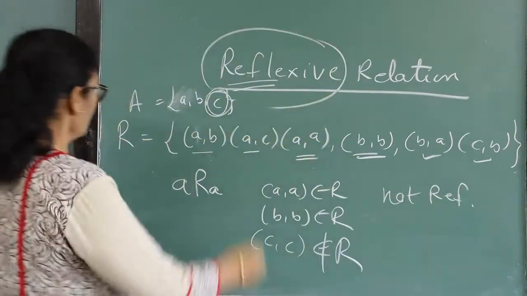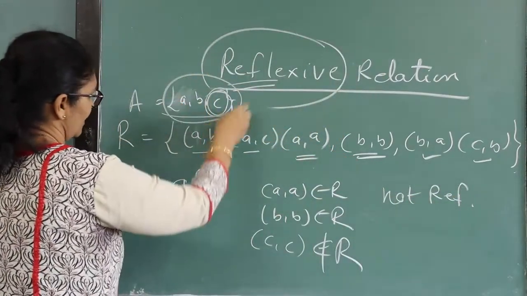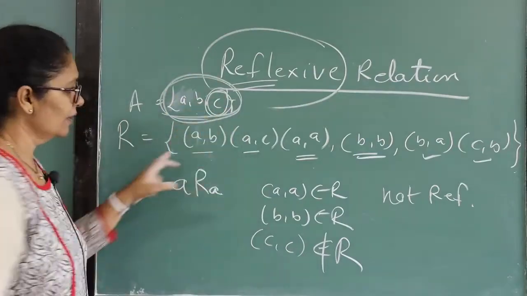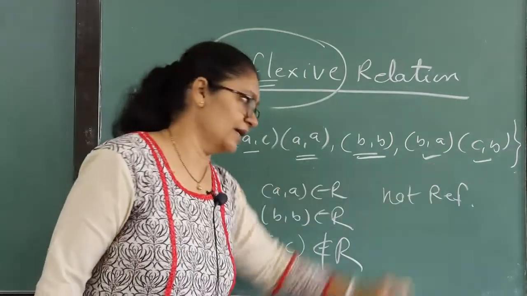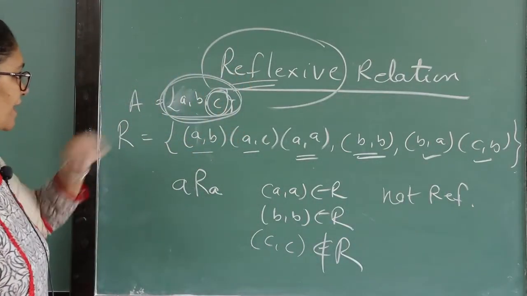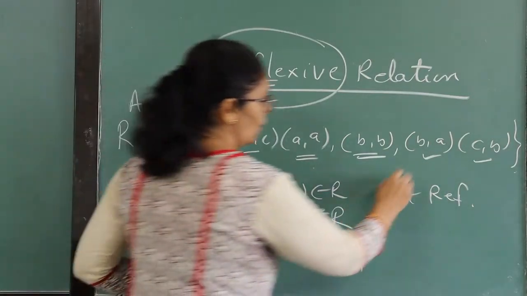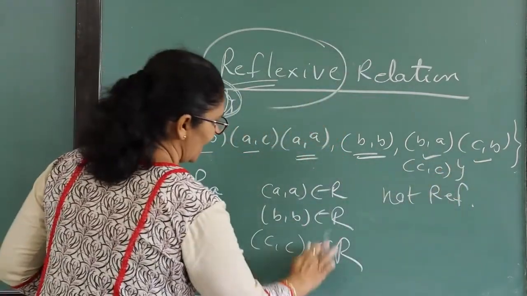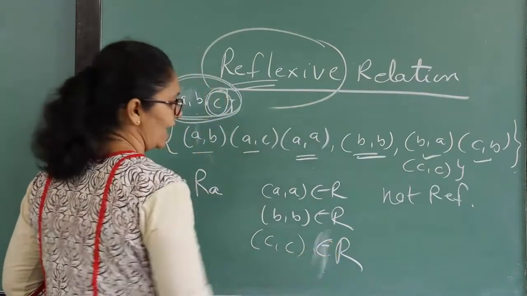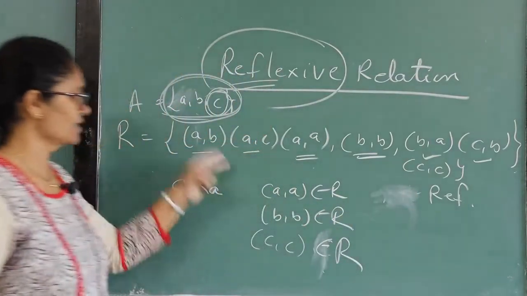For reflexive, whatever the elements are given, every element's relation with itself should be there. Then only you can say this is our reflexive relation. If I had added one more element C comma C here, then you could say that C comma C is also in R, so it is a reflexive relation.